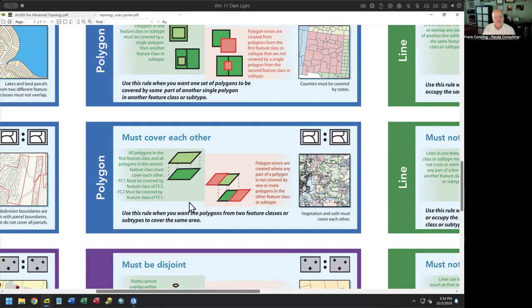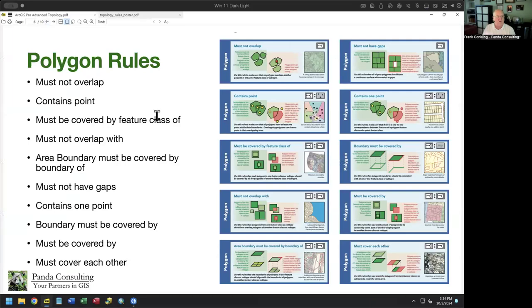So it's sort of a combination, area must be covered by the boundary of. So those are, in fact, all the rules associated with polygons inside of here. And as you can tell, I think there's 26 or 28 rules now that are in place.